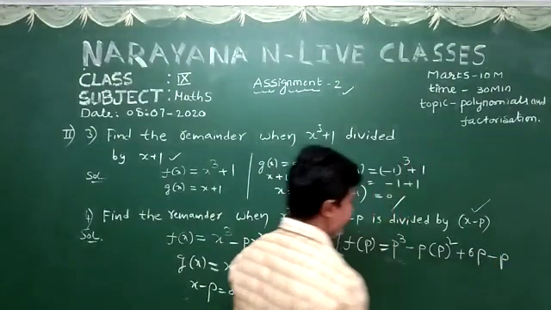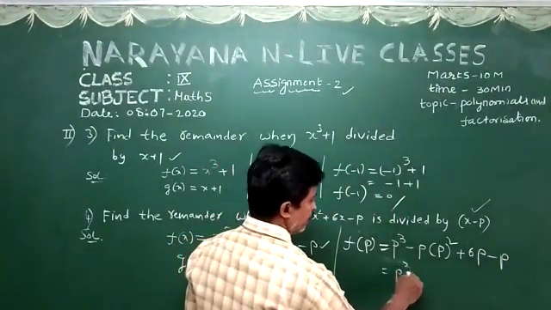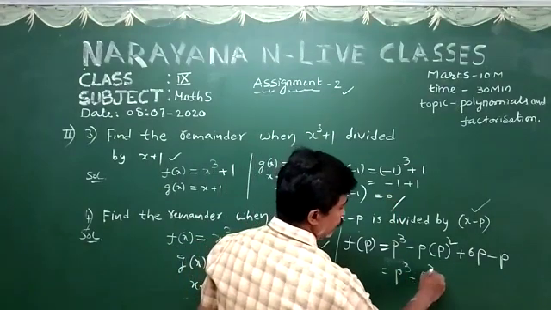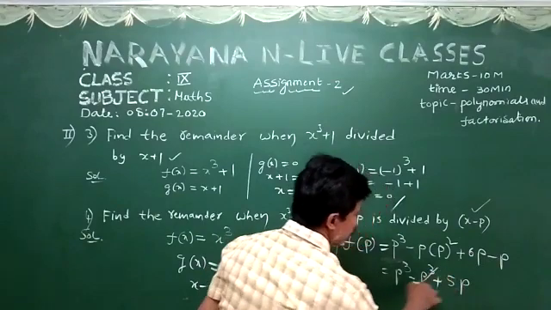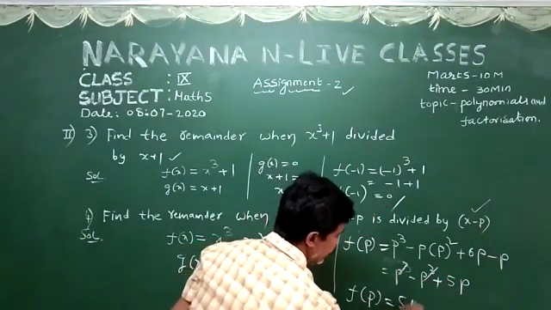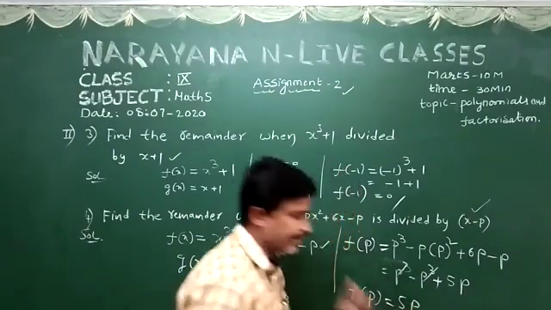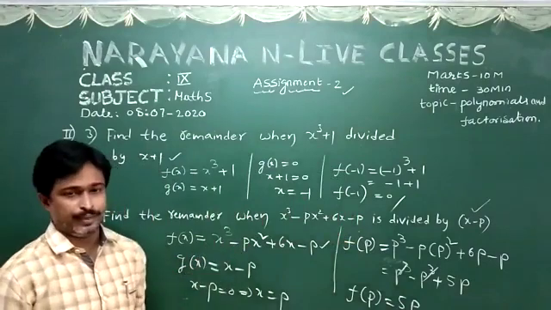Now we simplify this expression. The p cube terms cancel. Here 6p minus p is equal to 5p. Therefore f of p is equal to 5p. This is called the remainder of the given polynomial.